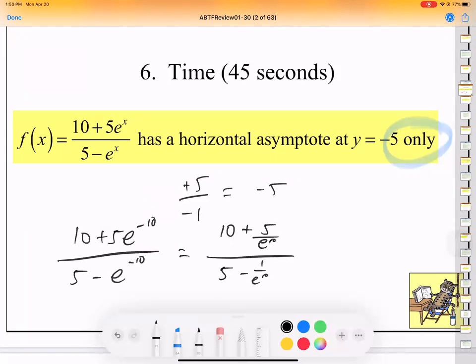So to illustrate this, what happens to this fraction as x gets shot off to negative infinity? It goes to 0.